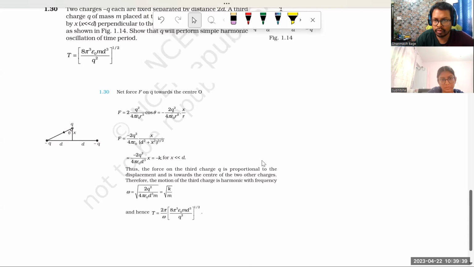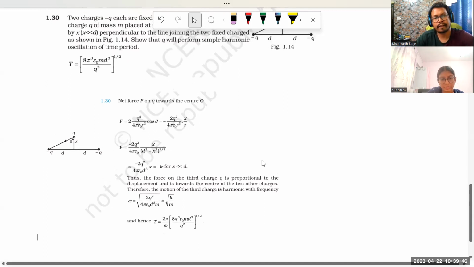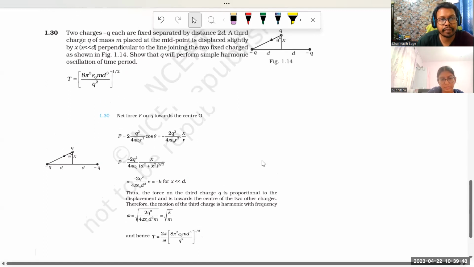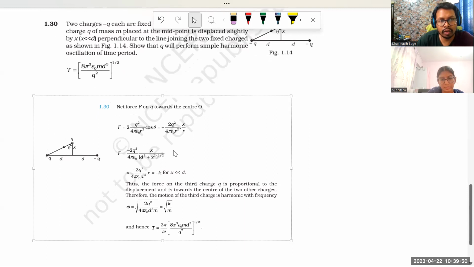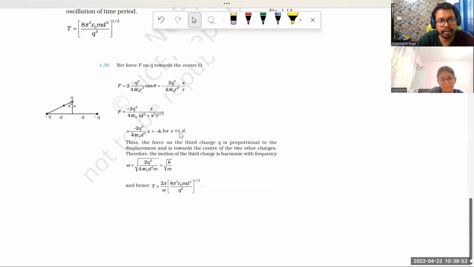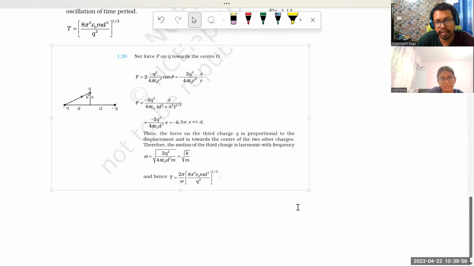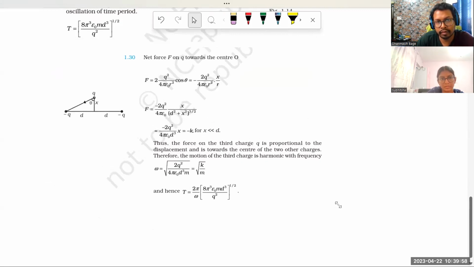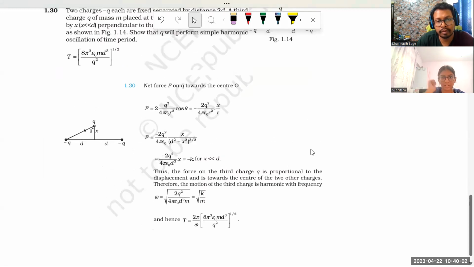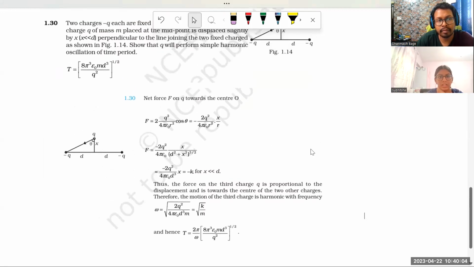Did we do the simple harmonic motion? Yes, sir. Okay. So tell me, what did you find difficult here? What is it that you're not getting? So they've taken cos theta and all. I'm not sure how they're taking it, why they've taken cos theta here.